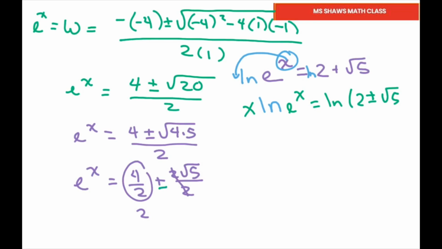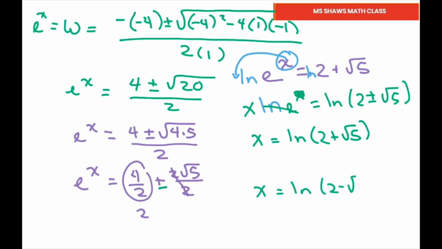Forgot that there. So ln of e is 1, so you get x equals ln of 2 plus the square root of 5, and x equals ln of 2 minus the square root of 5.